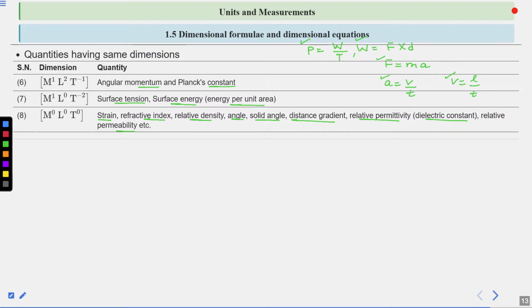The dimensional formula of power is M L square T raised to the power minus 3. Right. This is clear? Velocity, acceleration, force, work and power. Good. Now if you have any doubt, you can ask.